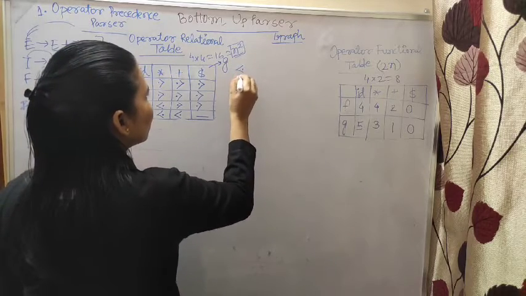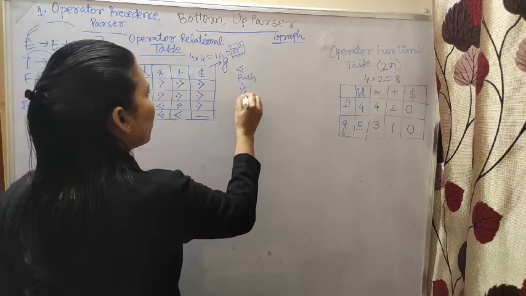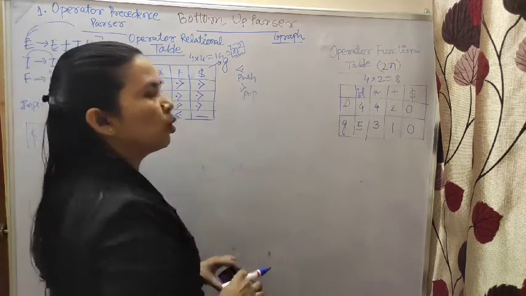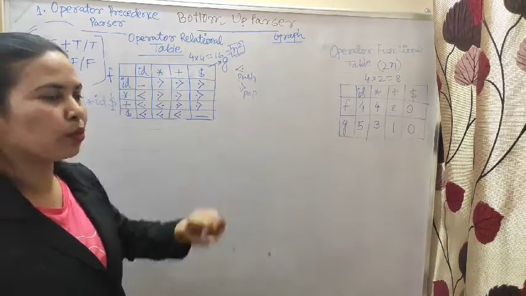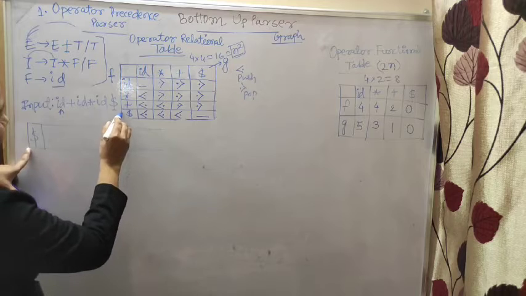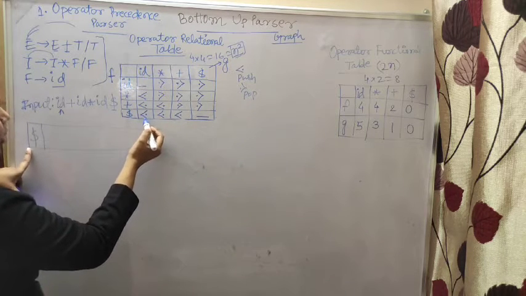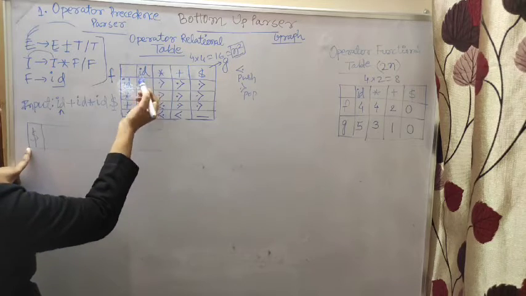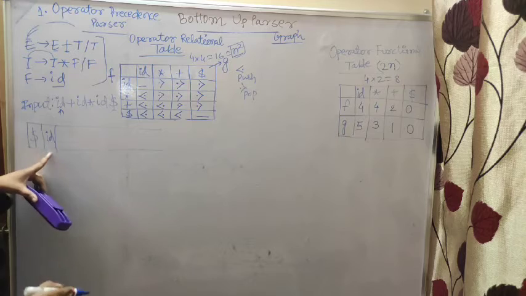Less than means push the data and greater than means pop the data. Now we check dollar and id. Dollar is in the stack, and dollar and id gives less than, so id will be pushed.